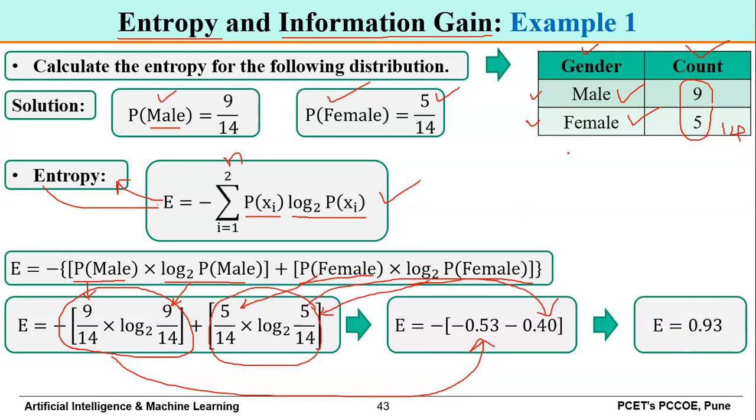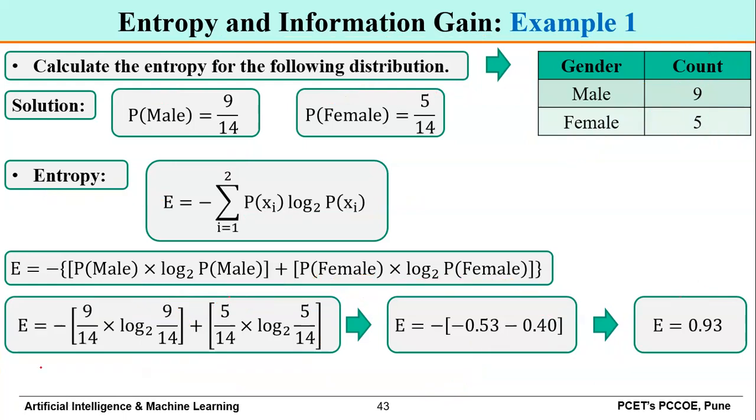So for the given data set of 9 male candidates and 5 female candidates, the entropy for the distribution is 0.93.